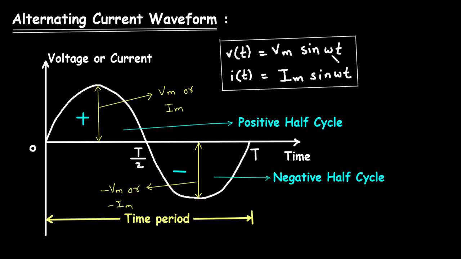Omega is the angular frequency, t is the time in seconds, and Vm is the maximum voltage in volts. Here V of t is the instantaneous voltage. Similarly for current, I of t is equal to Im sine omega t. Now the instantaneous value can be anywhere in this waveform.